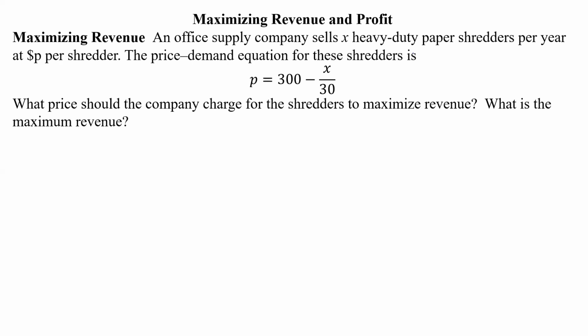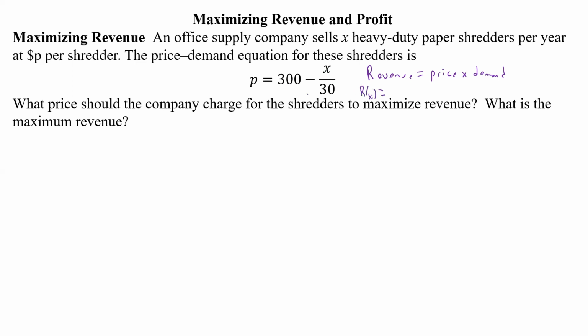All right, so how do we do this? Well, revenue is what? The revenue is going to be basically our price times our demand. If X is our demand, that means R of X is equal to what?